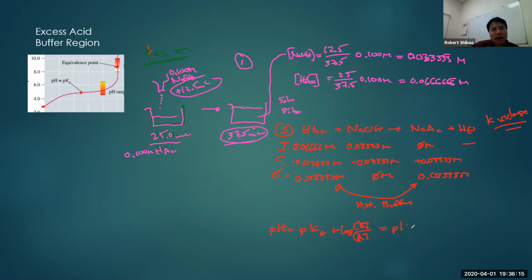This is equal to pKa plus the log of 0.03333, and then the acid is acetic acid, 0.03333, and this goes to 1, which log of 1 is 0, which means that the pH is equal to the pKa.